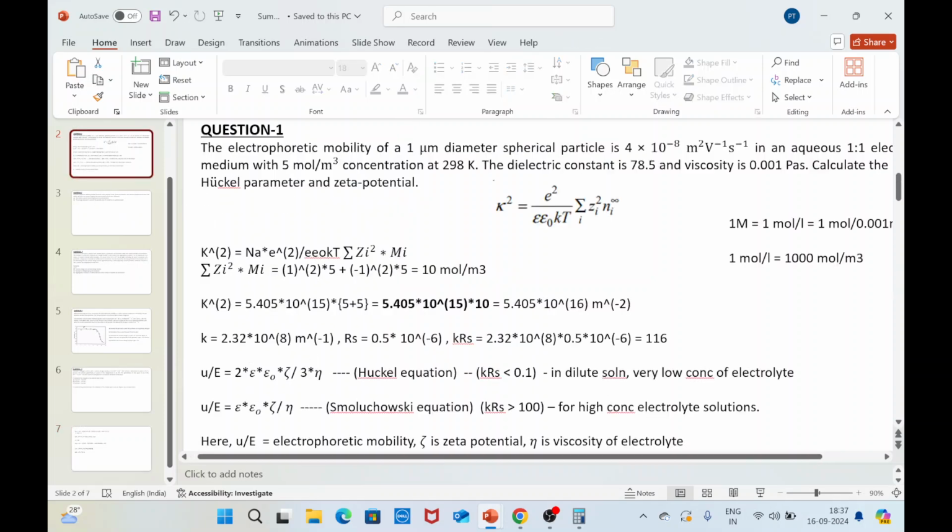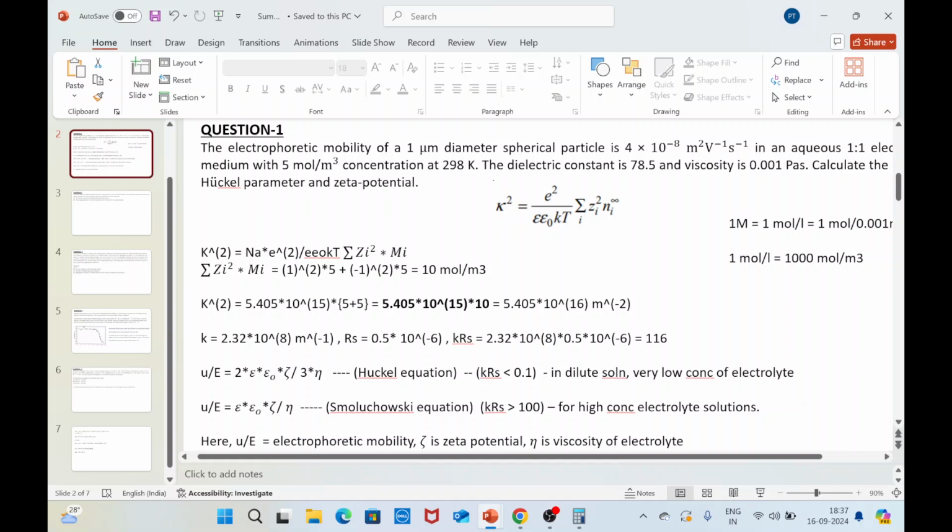Since here your KRS value is greater than or equal to 116, you can directly take this Smoluchowski equation. It is better if you remember these two expressions with their conditions, which will be helpful.